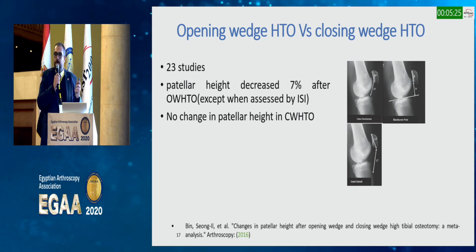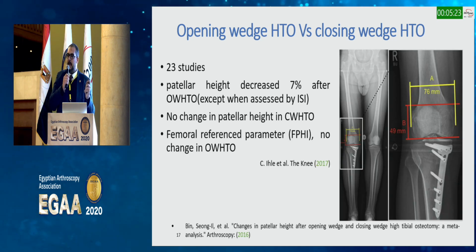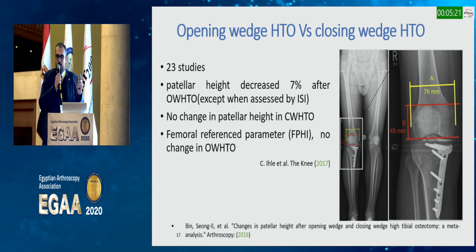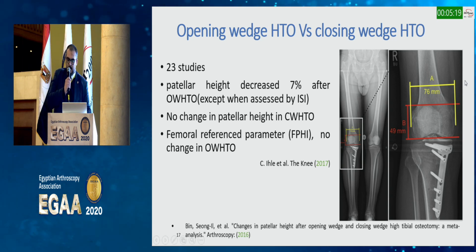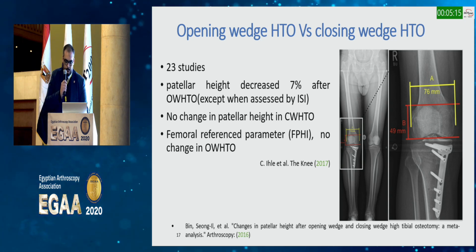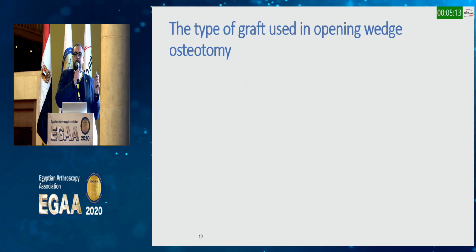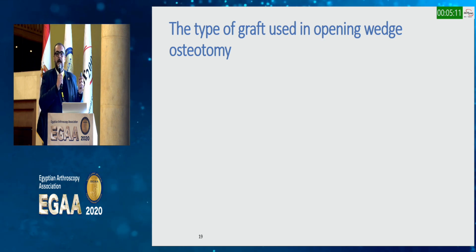But this is for tibial references. When we measure the same parameters on femoral reference with the femoral patellar height index, there are no changes in opening wedge osteotomy. The other point is, what type of graft should be used in opening wedge osteotomy?